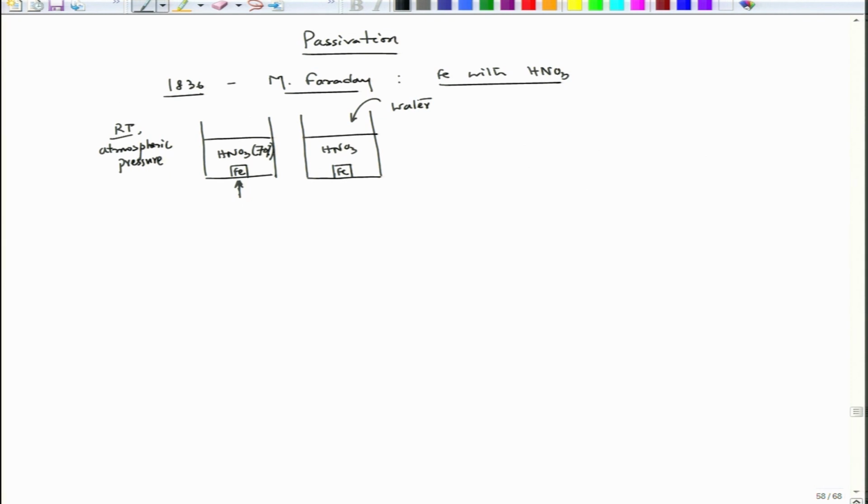When you add water, you are actually diluting it. When you dilute it, you would see that there is no visible effect, and if you keep measuring the weight of iron with time, it does not change. So, there is again negligible weight loss.